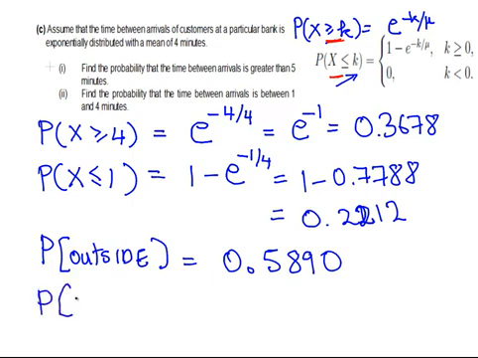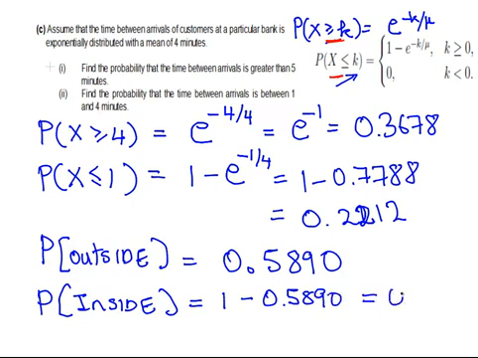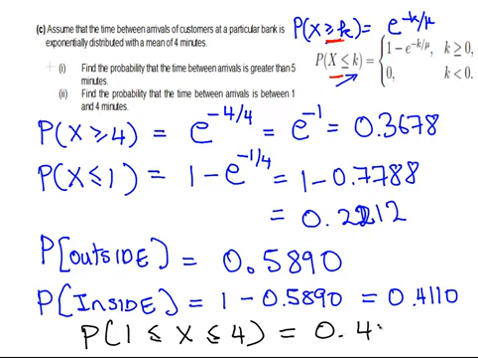So the probability of being inside the interval is equal to 1 minus the probability of being outside, 0.5890, and that is equal to 0.4110. So the probability of being between 1 and 4 equals 0.4110. So that ends this presentation on the exponential distribution.